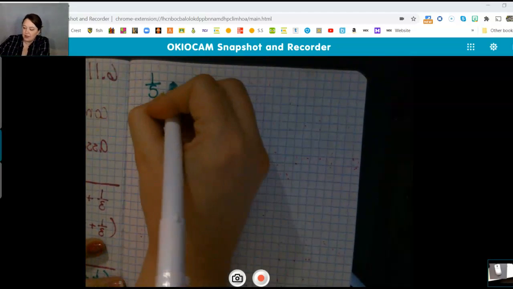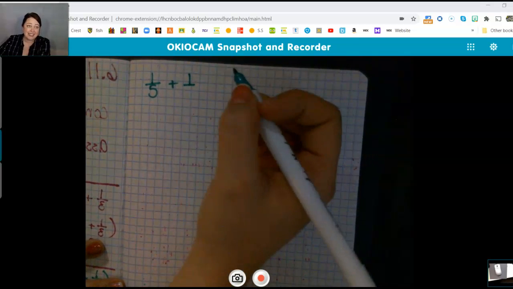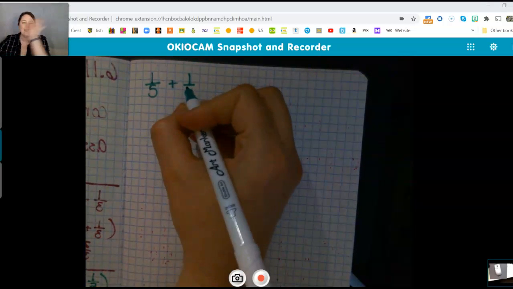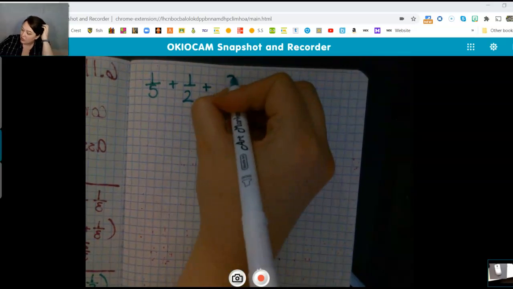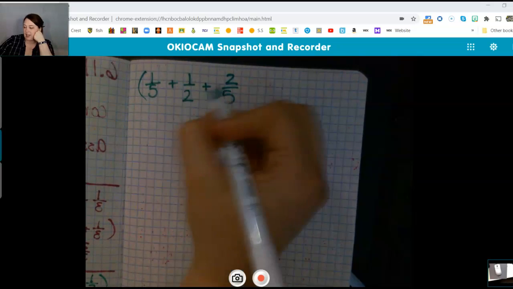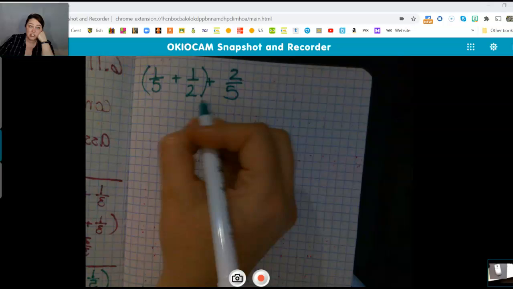1/5 plus, oh, and here's the good news, you guys. All of your work today is going to be addition because you can't have commutative property of subtraction. 1/2 plus 2/5. I could just go straight this way, add these 2 and then add that, but I don't want to do that. So I'm going to switch the order.